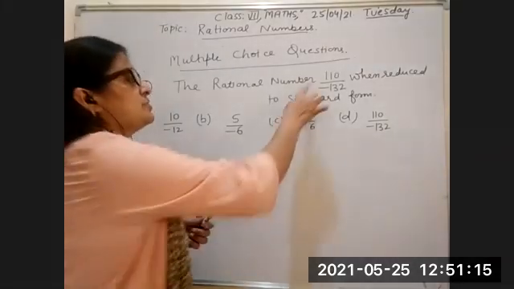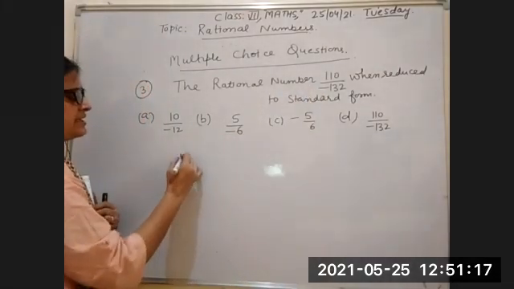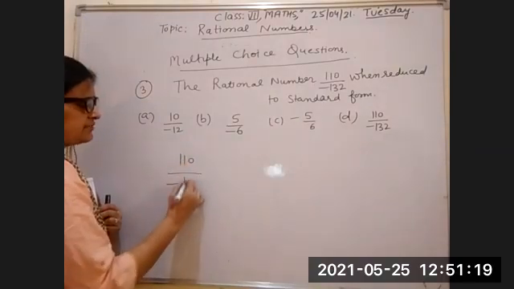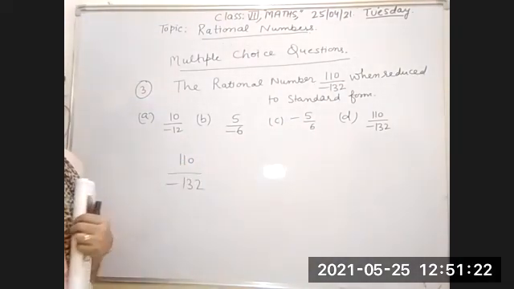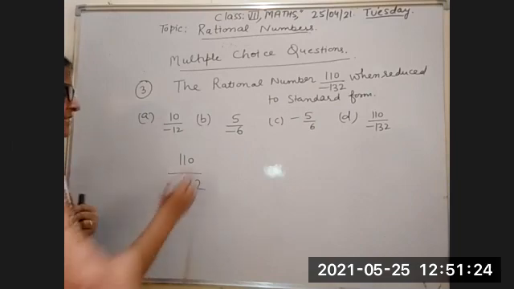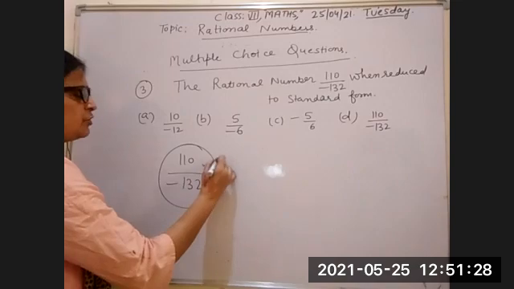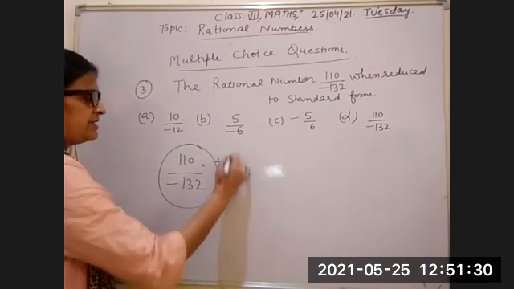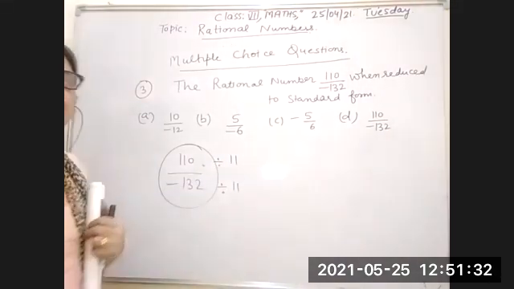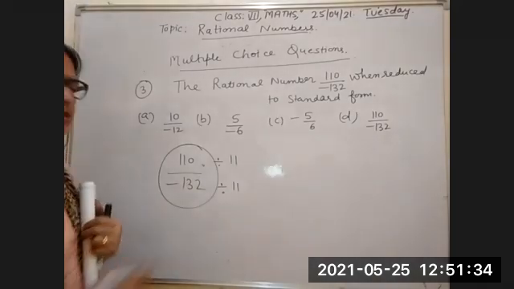You have to solve this number 110 upon minus 132. By which number is it divided? First, you have to divide it by 11. Both numbers are divisible by 11. You have to divide the numerator and the denominator by the same number.